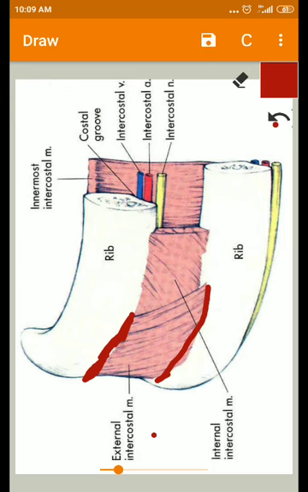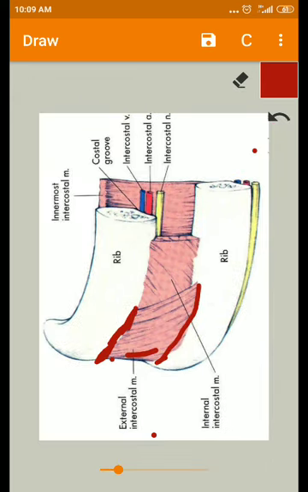The fibers are directed downwards. You can see the fibers are directed downwards and also forwards, and medially. So these are the directions of the external intercostal muscle fibers.